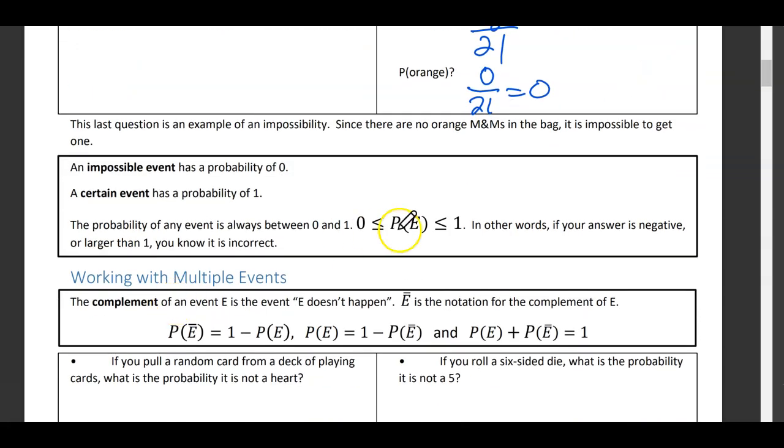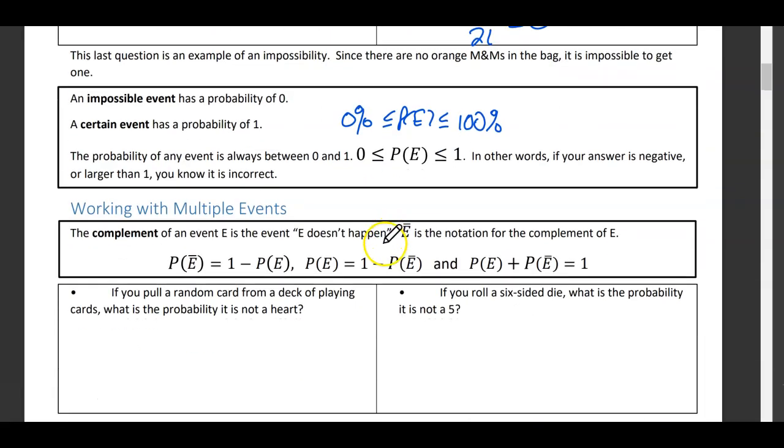Okay, the probability is always between 0 and 1, or if you're looking at percentages, 0% and 100%. Sometimes people like to look at probability in percentages.